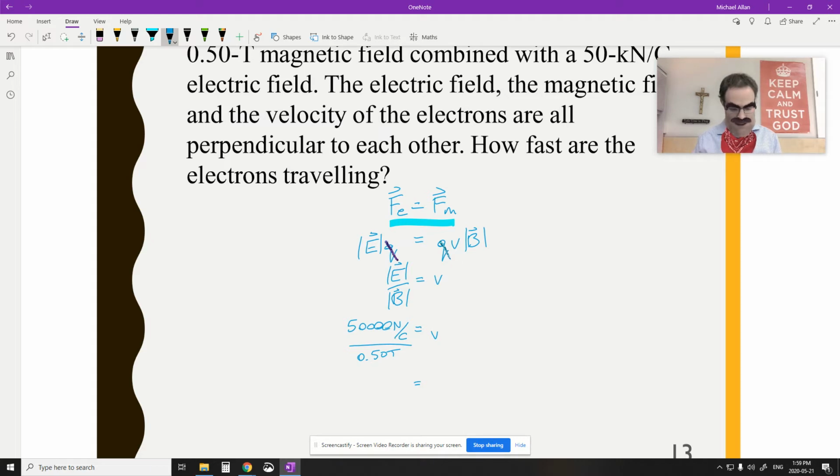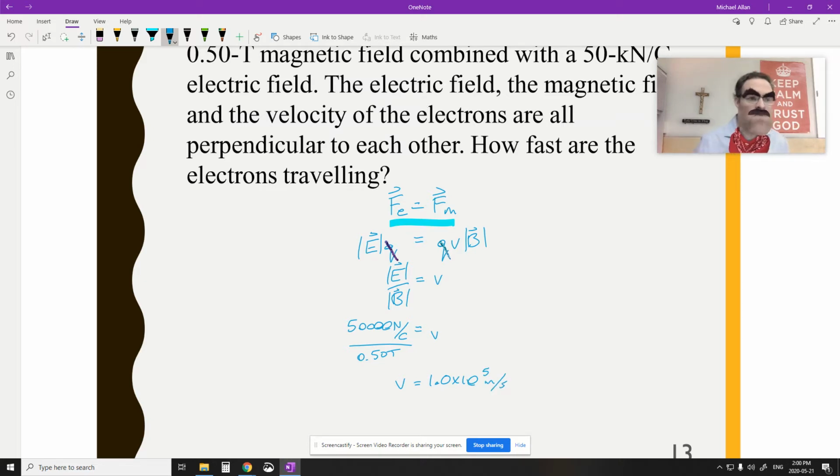So let me get my calculator out. 50,000 divided by 0.5. So this is going at a speed of 1.0 times 10 to the power of 5 meters per second, with only two sig figs.